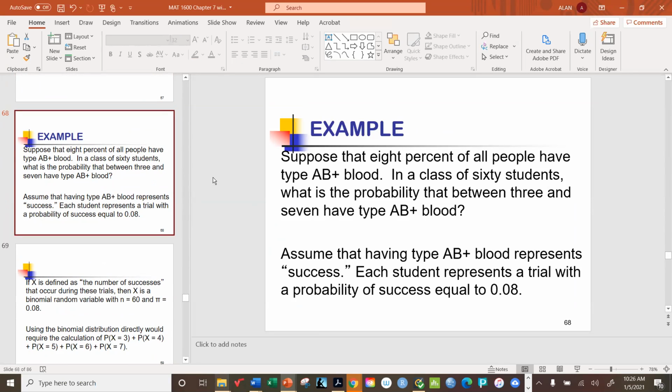All right, so here's a good example. Suppose that we were told that in the population, the general population, 8% of all people have type AB positive blood. We have a class of 60 students, and we want to know the probability of getting between 3 and 7 who have type AB positive blood. Now, clearly, this is a binomial experiment.